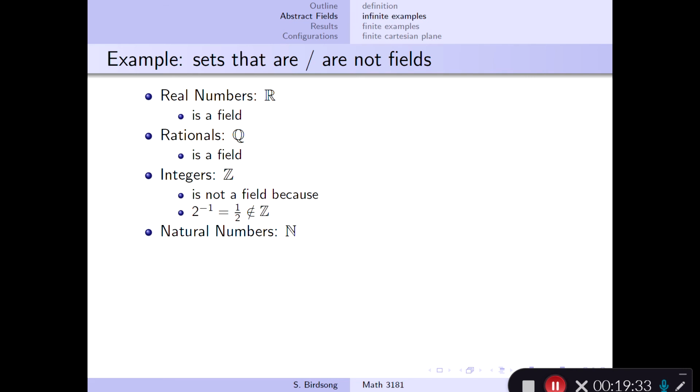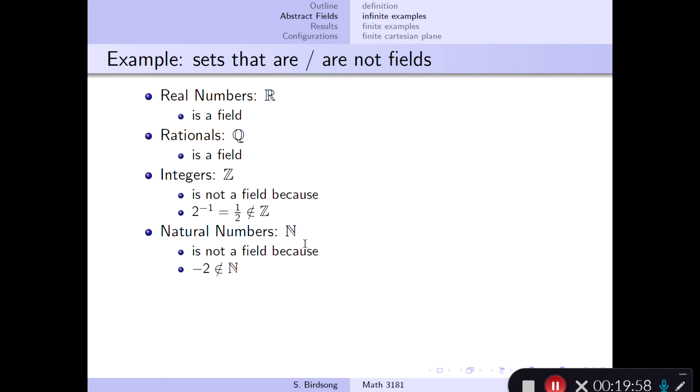natural numbers. And if we go ahead and look at natural numbers, these guys are what? They're all integers, and you're not going to include your negative integers. So notice we still have a number 2 that's a natural number. So do a quick check: is the inverse of 2, which is 1/2, a natural number?